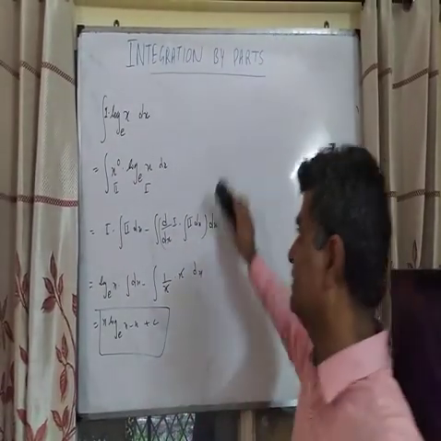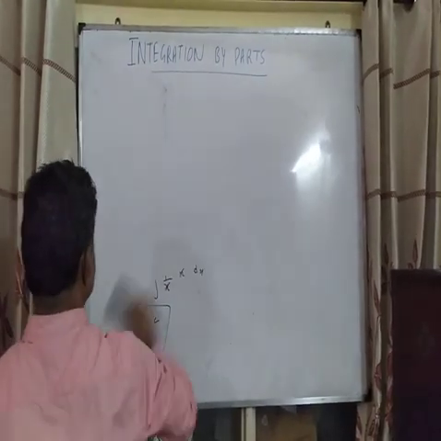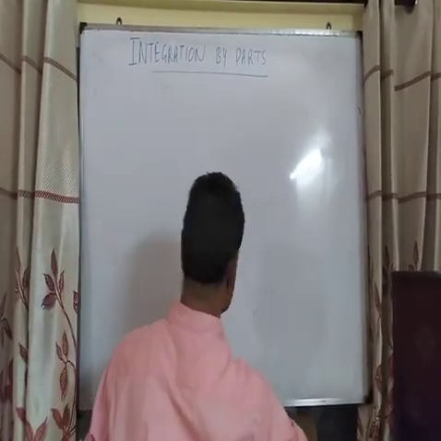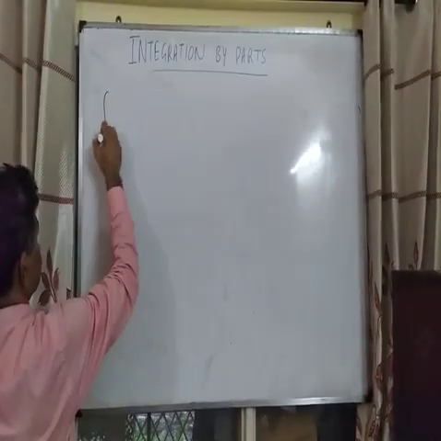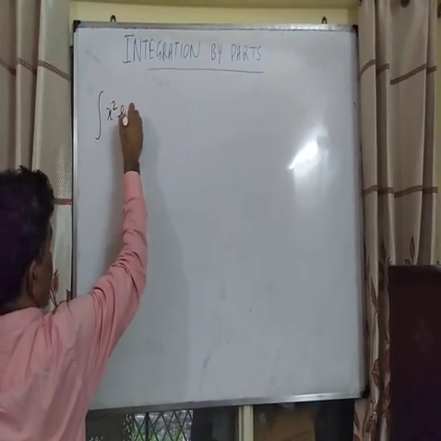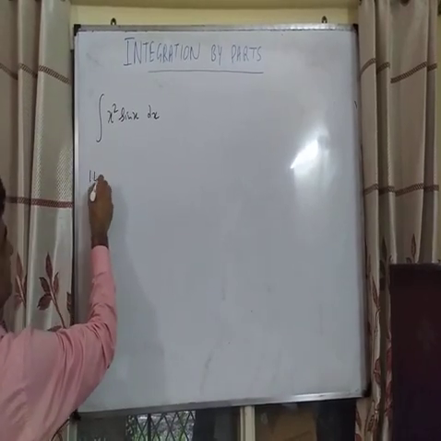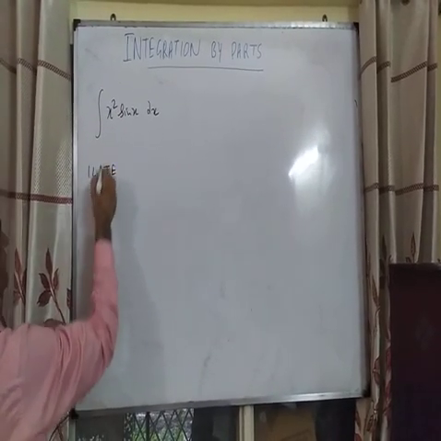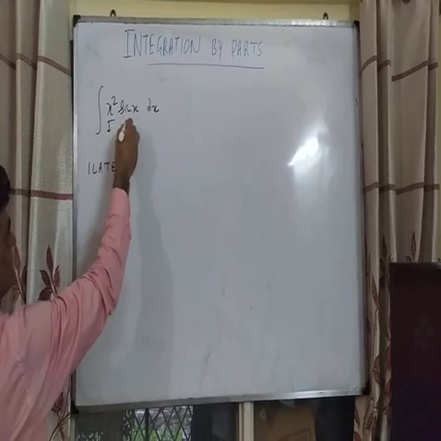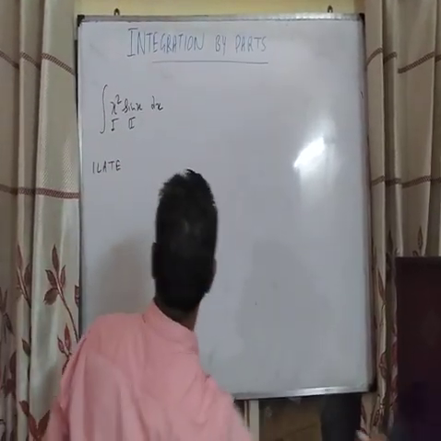Now we are going to do x square sin x dx. So as per ILATE, we'll take x square as the first function and sin x as the second function.